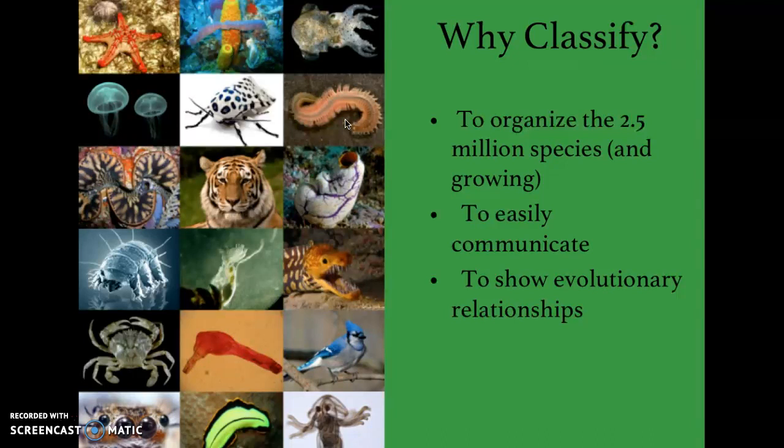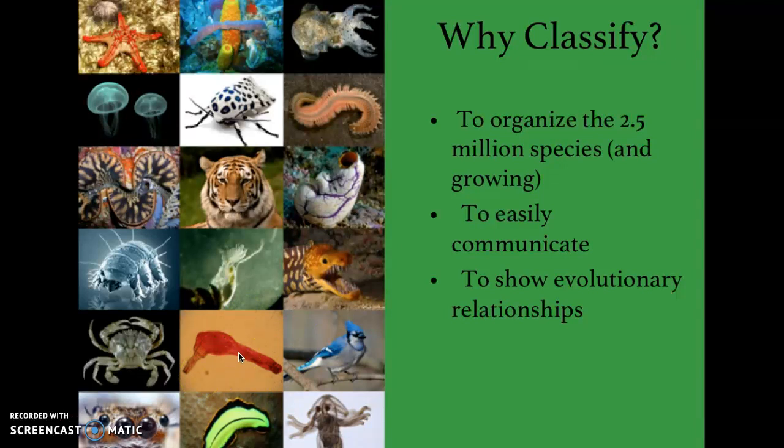And it also shows evolutionary relationships. So when we break down the classification of a jellyfish, it has a class, an order, a genus, a species. It can be broken down, and we can see if a jellyfish is related more closely to a squid, or related more closely to a tunicate, or related more closely to a parasite, a leech or a bloodworm.